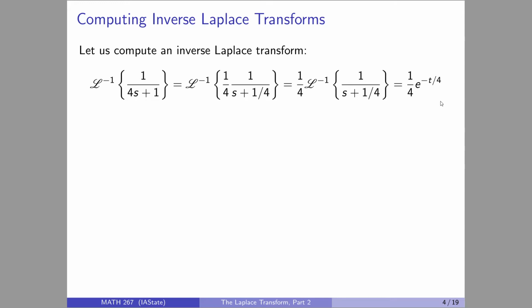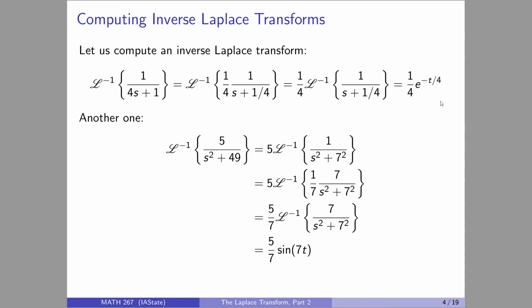Alright, and similarly here, if I have 5 over s squared plus 49, now that almost looks like sine, right? The Laplace transform of sine of kt is k over s squared plus k squared. So for sine of 7t here, because we see 49, we recognize that as 7 squared.